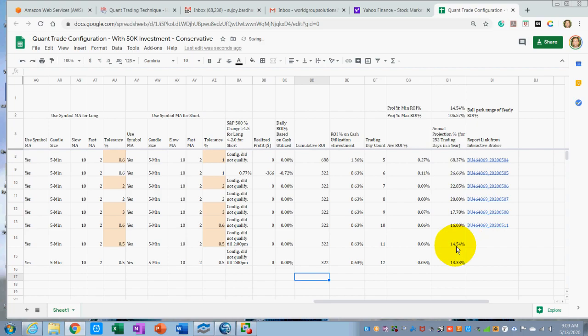Till yesterday we were averaging around 14.54%. So we are trying to get a certain range before we make it stable. And the effort is to configure the configurations to a point where we get a reasonable average when it comes to annualization of the projection.